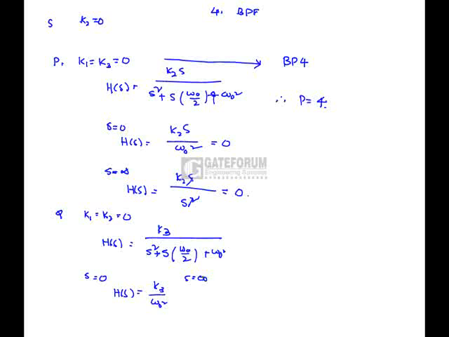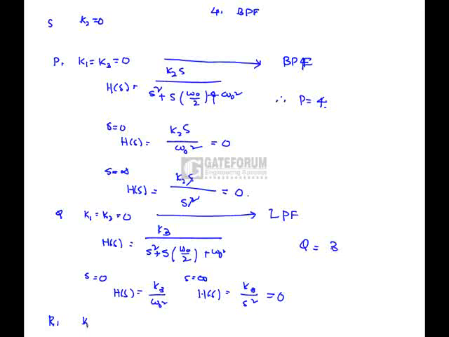If s is infinite, H of s is going to be k3 by s square, which is 0. Means for low frequencies it is a constant, for high frequencies it is 0. Means it is a low pass filter. That is, Q is 3.